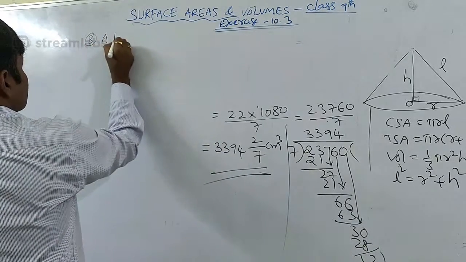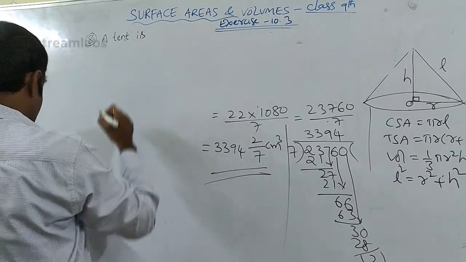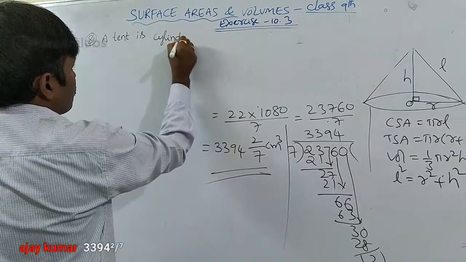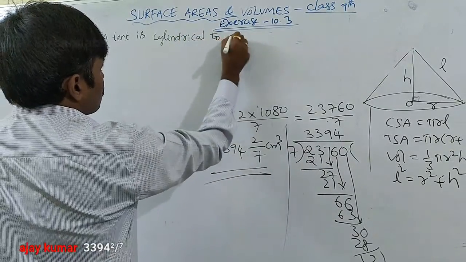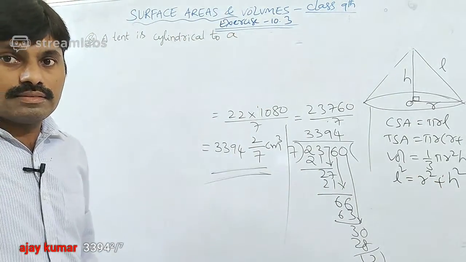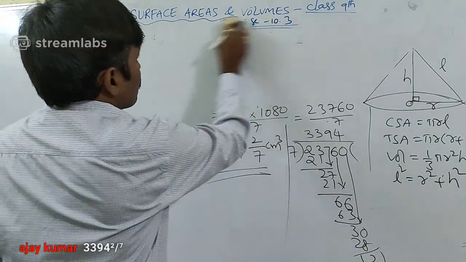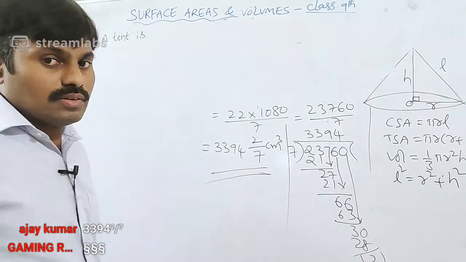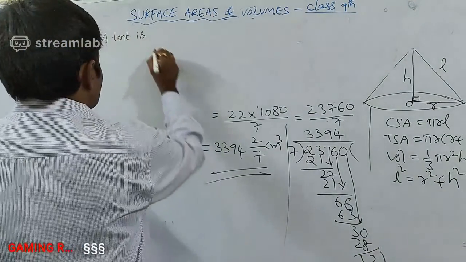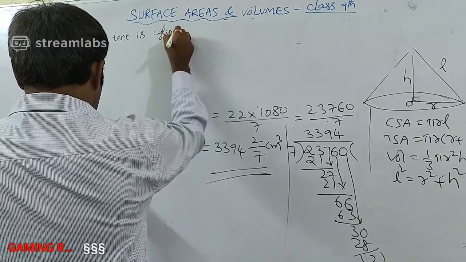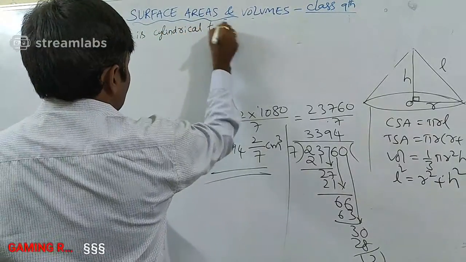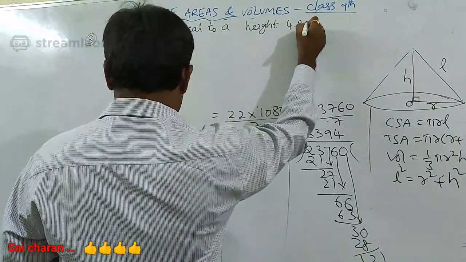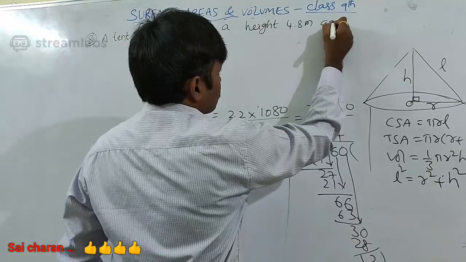A tent is cylindrical to a height of 4.8 meters and conical above it.